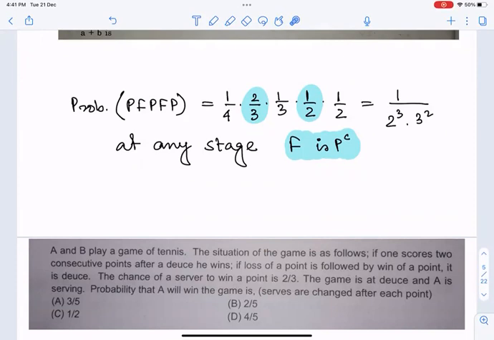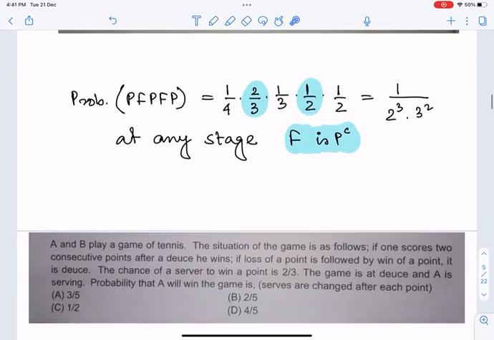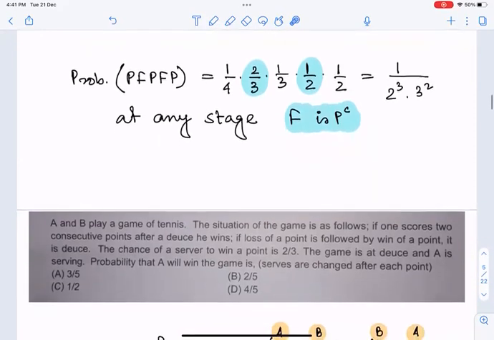And we will have a winner if, from a deuce position, any of the players wins 2 consecutive games, or wins 2 consecutive services, better to say. So if we think in favor of A, I can have the result after 2 services, or otherwise 4 services, or otherwise 6 services, and so on, because it will differ by how many more deuces are supposed to follow from the present deuce situation.